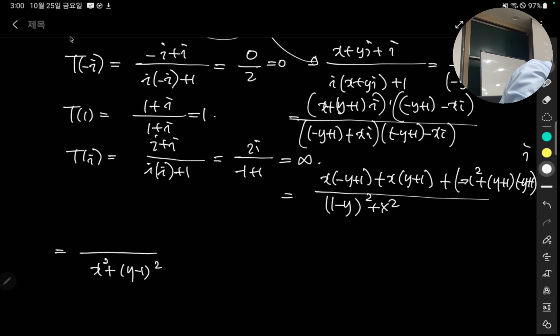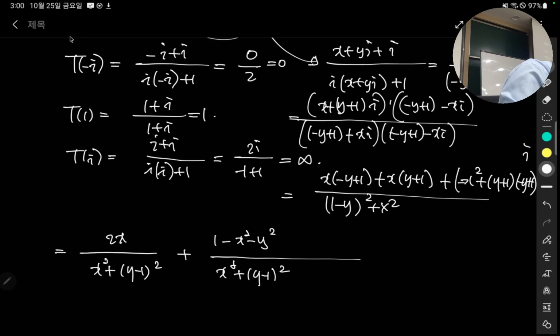Yeah, so that's right. And then 2x on the numerator, and then you have x squared plus (y minus 1) squared, and then it's 1 minus x squared minus y squared.